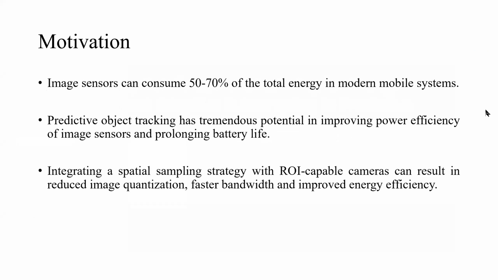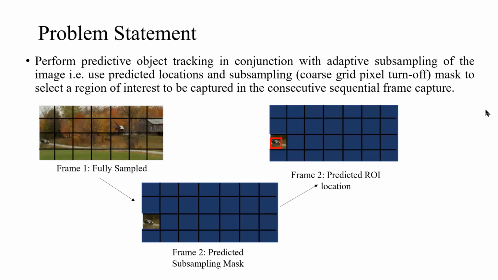So implementing tracking applications requires a lot of energy, and we can solve this problem by implementing predictive object tracking, which can improve the energy efficiency of image sensors and also prolong battery life. And if we integrate our predictive tracking strategy with ROI capable cameras, then that can result in three benefits: image quantization, faster bandwidth, and improved energy efficiency.